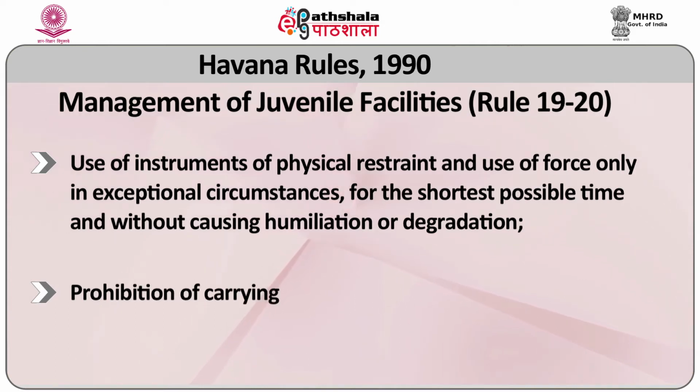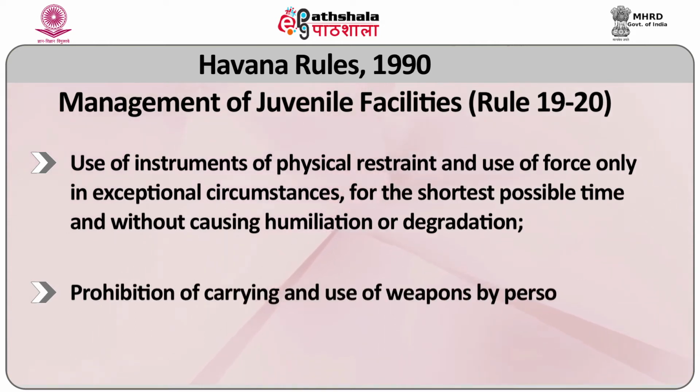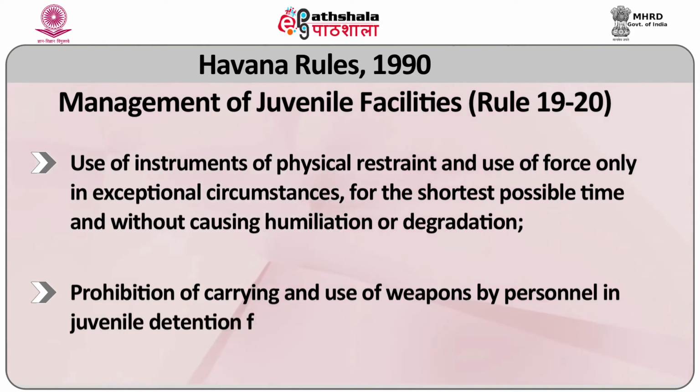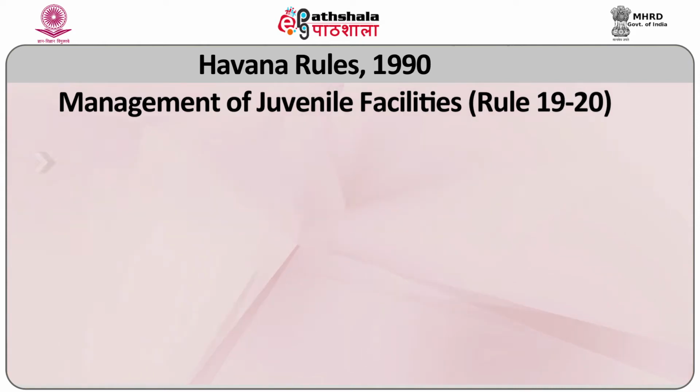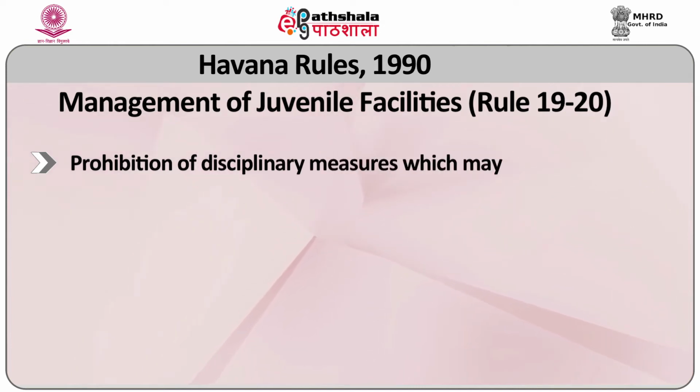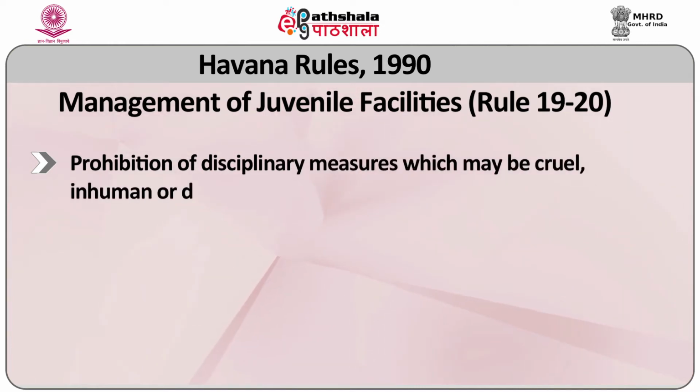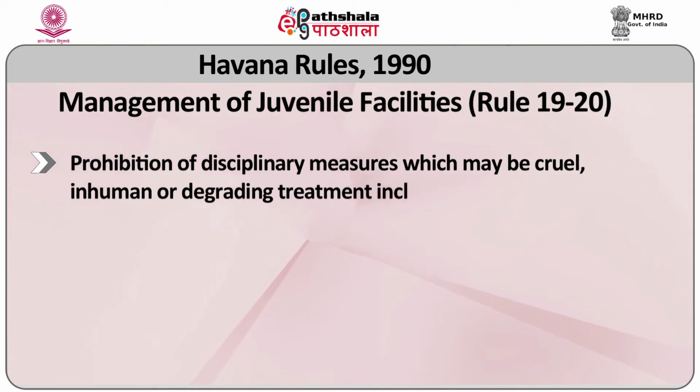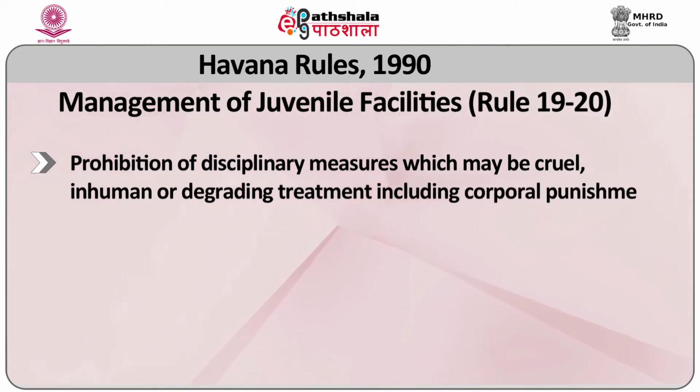14. Prohibition of carrying and use of weapons by personnel in juvenile detention facilities. 15. Prohibition of disciplinary measures which may be cruel, inhuman or degrading treatment including corporal treatment. 16.